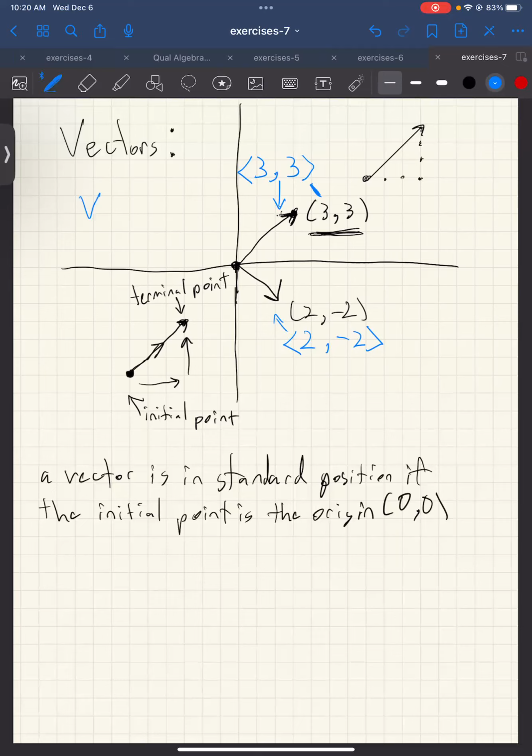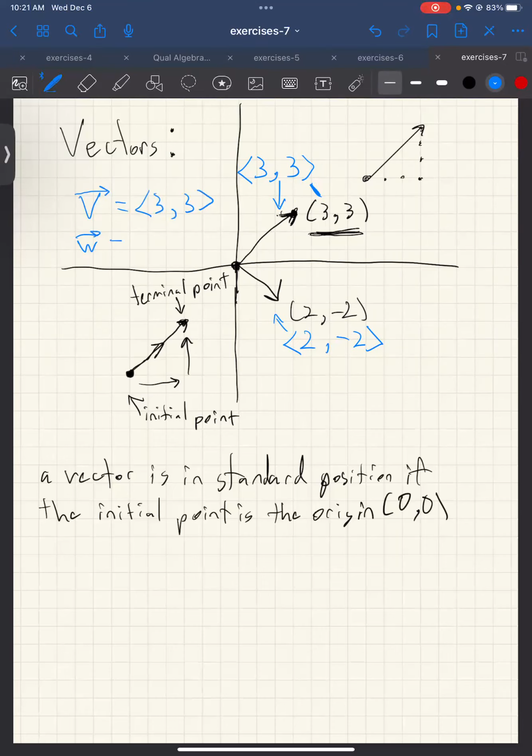This is a vector. So I'll write the vector v, but I'll draw this little line over it to make it very clear that I'm talking about a vector. And then I can say this vector v is equal to 3, 3.